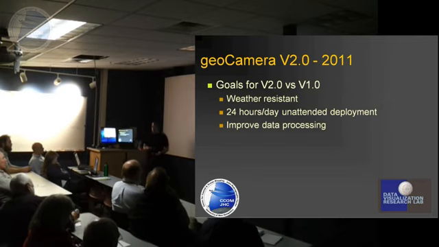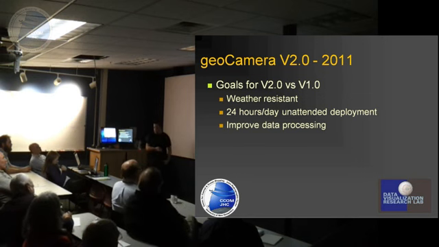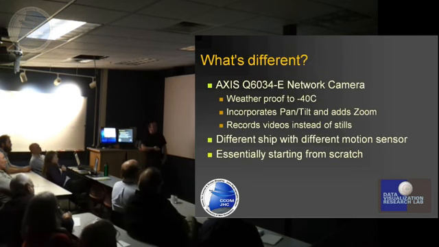So we decided to just go with a commercial camera that's used for security, which is already designed to go to cold temperatures, can do all the pan and tilt in one unit. Axis makes those cameras, a network camera.